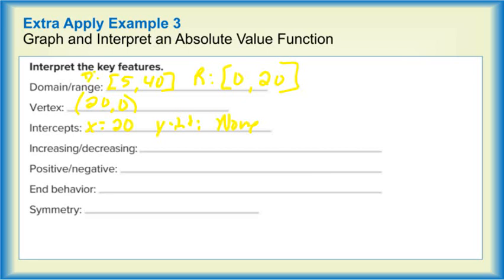Next, increasing and decreasing. It's increasing when we're between 20 and 40. And it's decreasing when we have between 5 and 20. Positive and negative: this one's always positive.